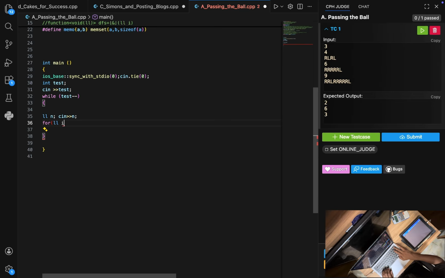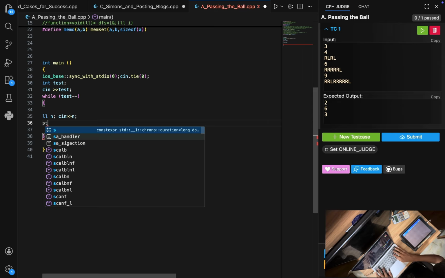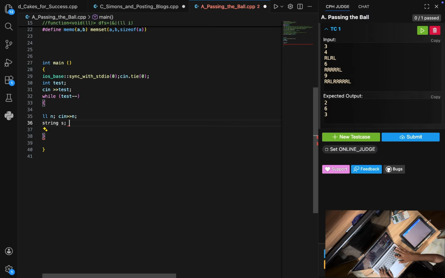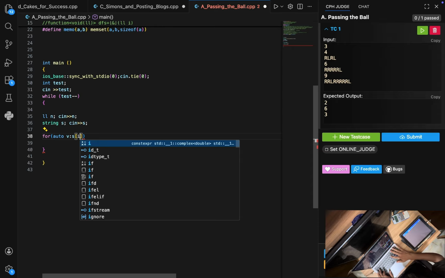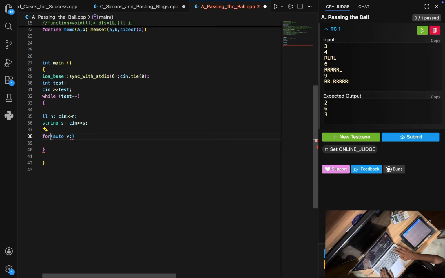Okay, it's a string. I think I should do a pointer.